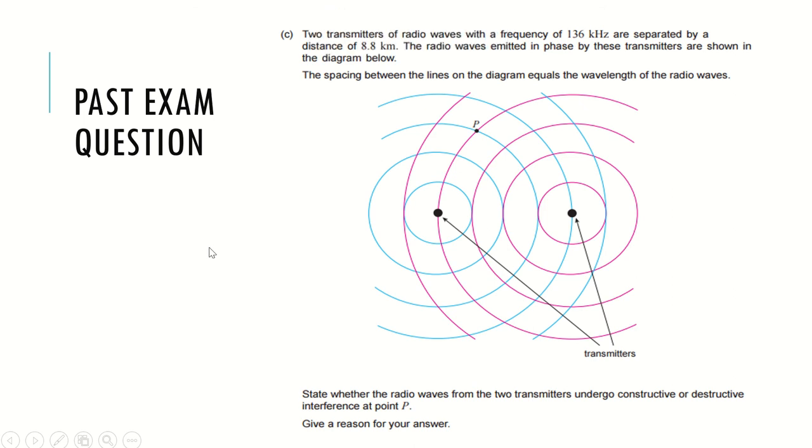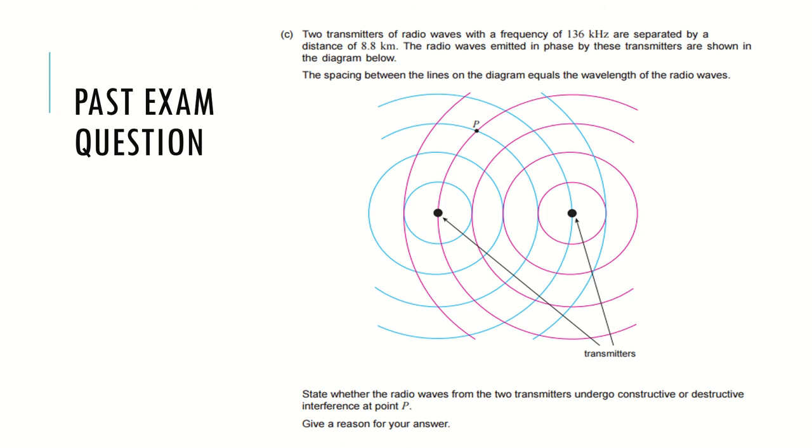So we have 2 transmitters of radio waves with a frequency of 136 kilohertz, and they're separated by some distance, 8.8 kilometers. The radio waves are emitted in phase by these transmitters as shown in the diagram below. The spacing between the lines represents 1 wavelength.